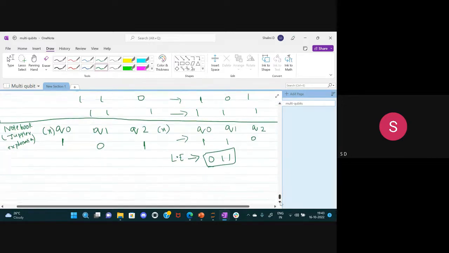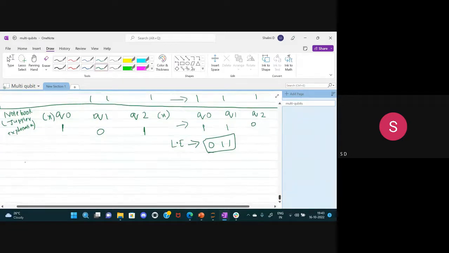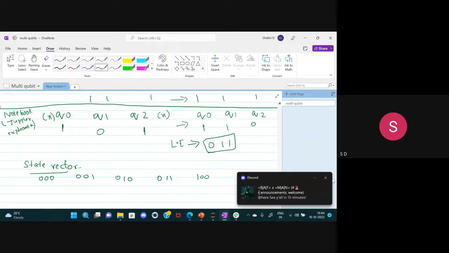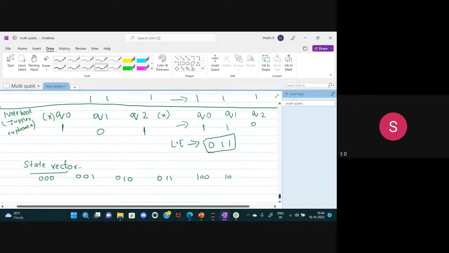We can just quickly solve the state vector. The state vector is 0 0 0, 0 0 1, 0 1 0, 0 1 1, 1 0 0, 1 0 1, 1 1 0, 1 1 1, that is 1 2 3 4 5 6 7 8.